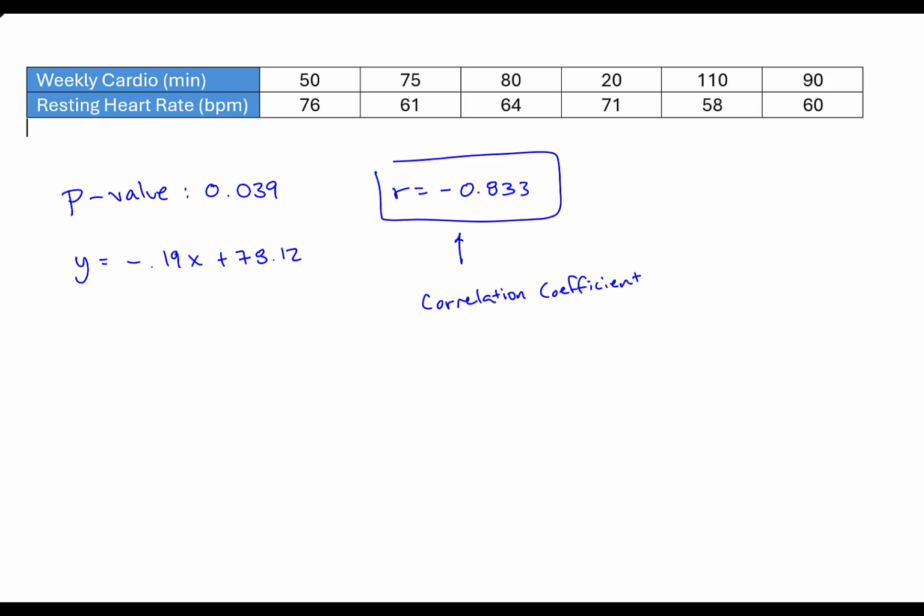You're trying to get a correlation coefficient that's pretty close to 1 in order to say that there is a good line that fits this data pretty well. That tells you that this line of regression is a good fit, so it can be used for predicting.